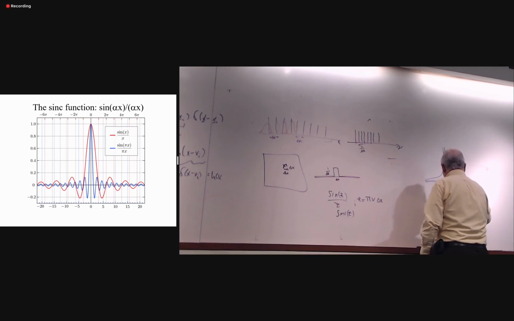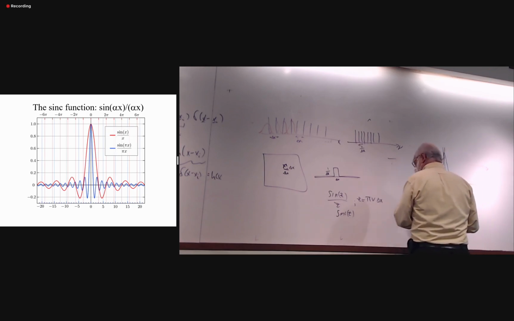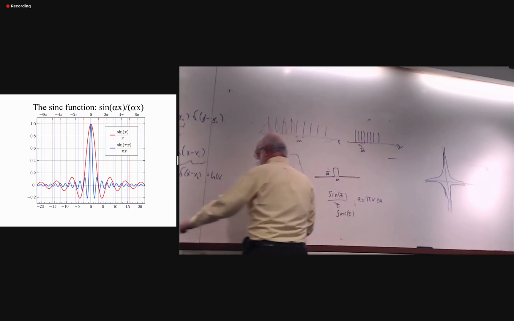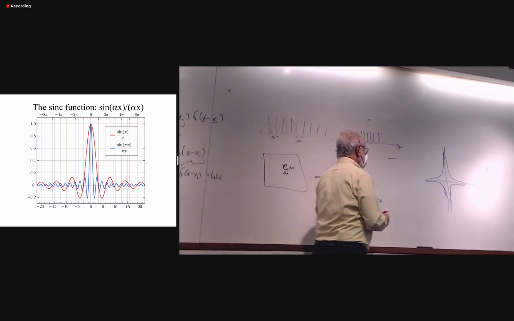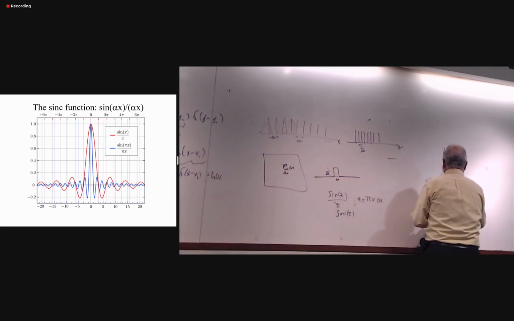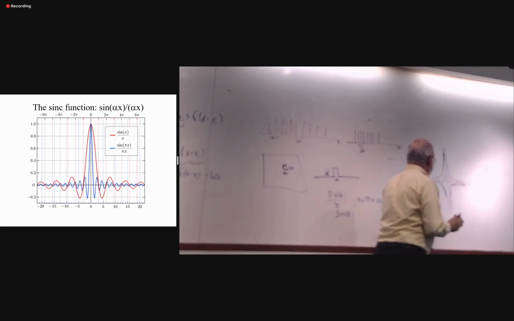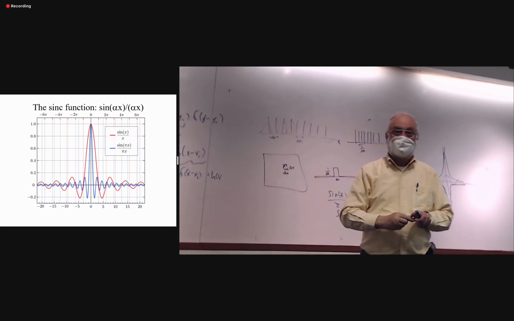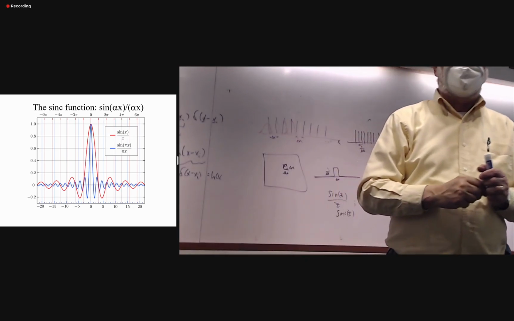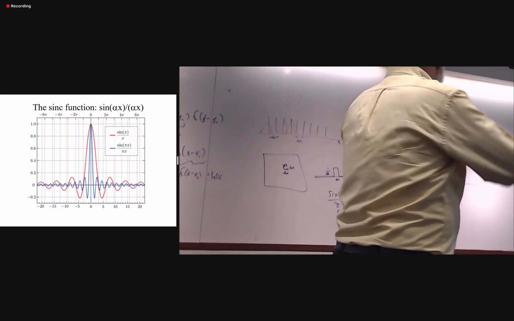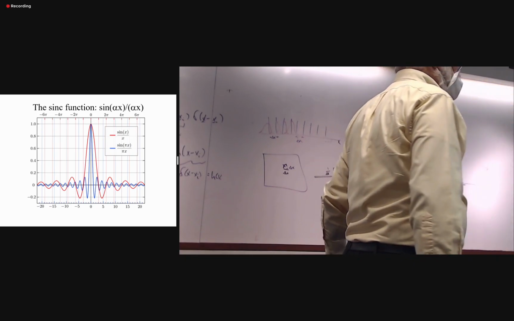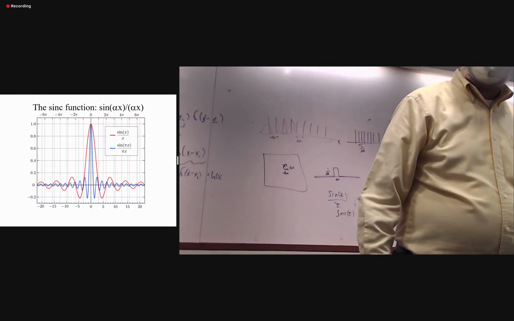And all that's going on is that the sine function is sort of oscillating with its ordinary frequency, but inside that envelope, the 1 over x envelope. So the amplitude of the sine sort of falls like 1 over x.